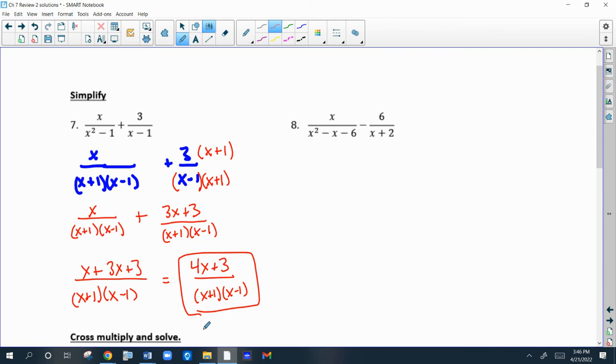So the next one again is another similar one. Make sure you factor the bottoms. So the first one, factors of -6 that add up to -1 are -3 and +2. I have minus, so I'm going to change this to plus a negative. You don't have to, but sometimes that helps.